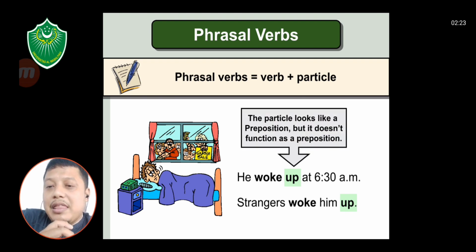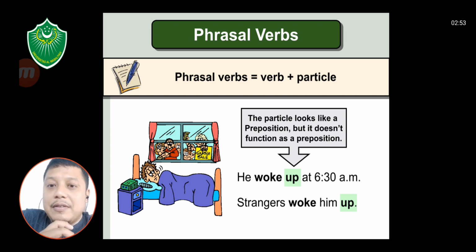Many people think that this particle up looks like a preposition. It's showing the position, but it's definitely not a preposition. The function is not a preposition. It's a particle, right? It's an additional word. It's different from maybe a compound verb or something like that. So in a phrasal verb, they do not talk about a preposition.